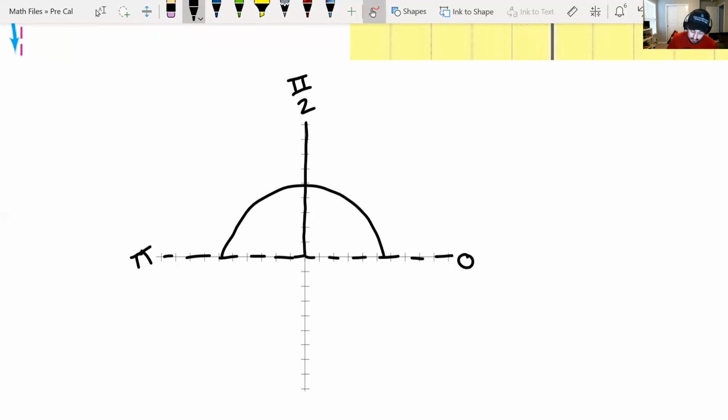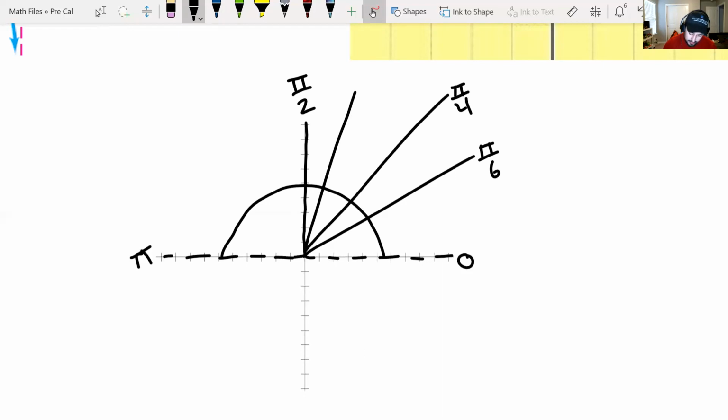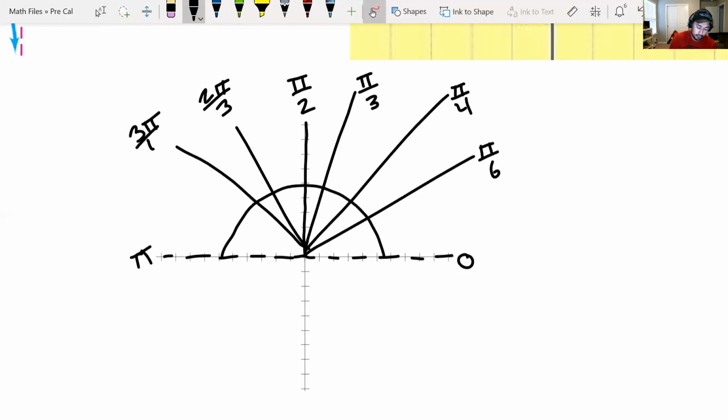And just like the other ones, list the radian values we can use. Pi over 6, pi over 4, pi over 3, 2 pi over 3, 3 pi over 4, 5 pi over 6.